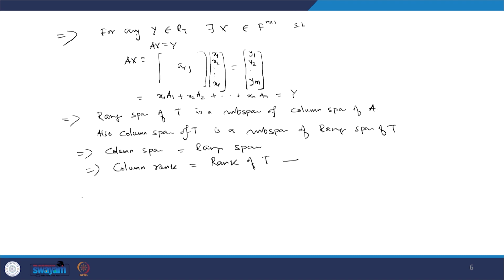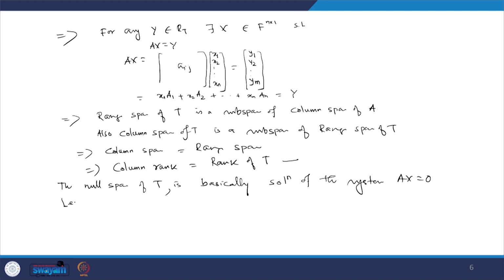Now, if I see the null space of T, the null space of T is basically the solution of the system A x equal to 0.